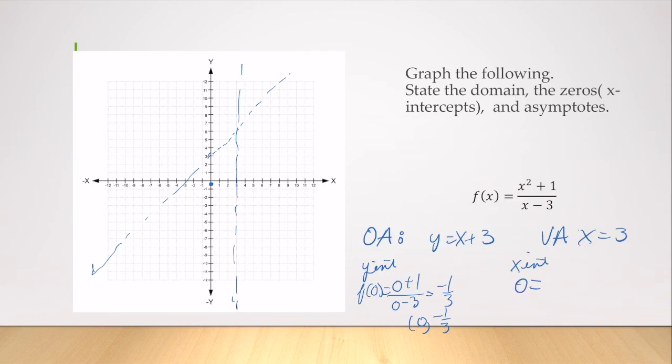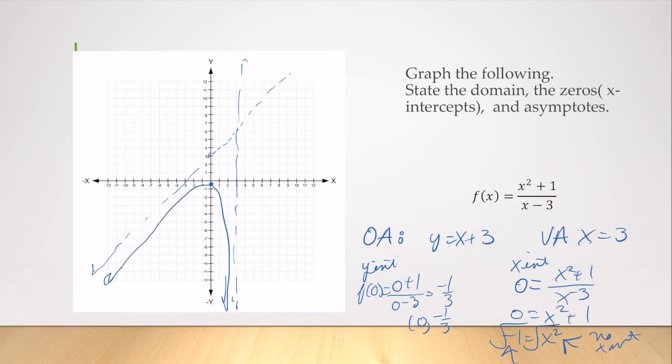So I have 0 equals x squared plus 1 over x minus 3. I'll get 0 equals x squared plus 1. Negative 1 equals x squared. If I took the square root, that's a complex number, so there are no x-intercepts. My graph looks something like this.